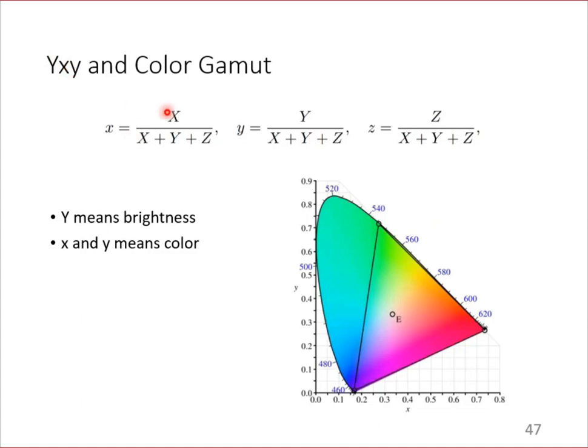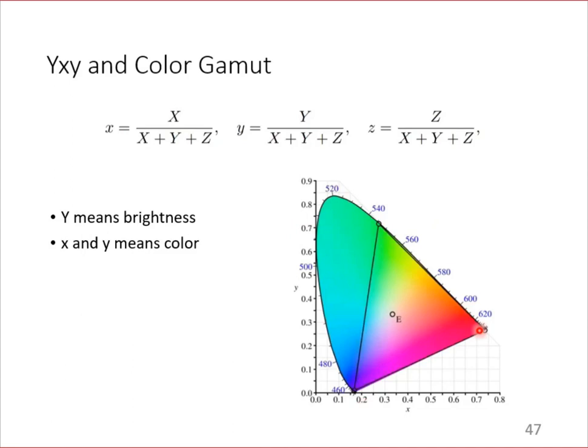So this is the definition. You can convert the X, Y, Z space to the small x and the small y numbers. And you can draw the color gamut.